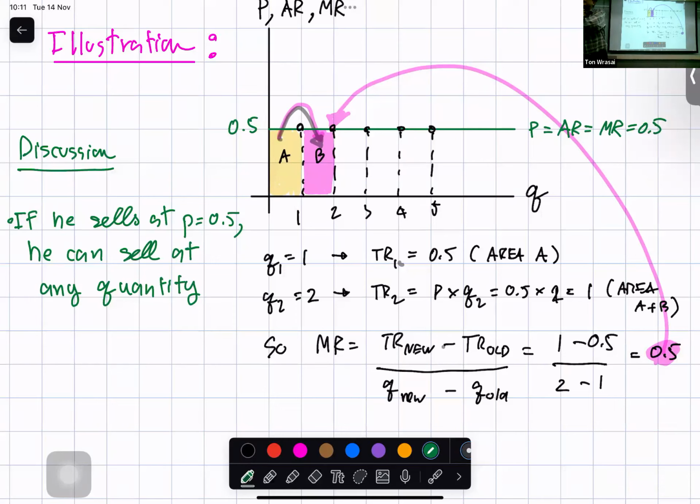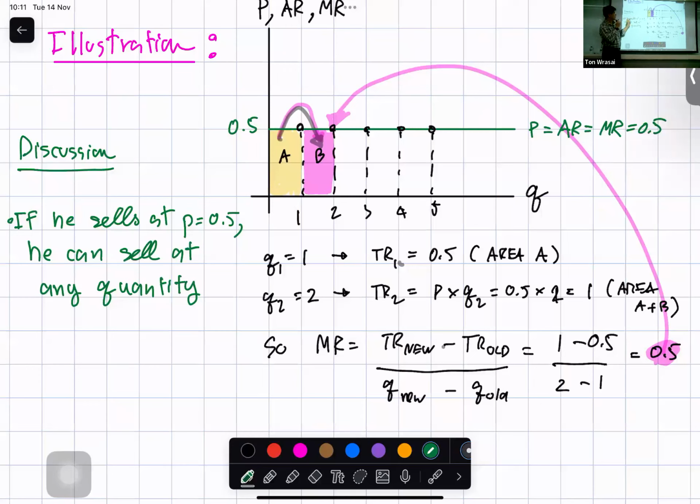Compared with the size of the market, this is like an atomic firm. The amount that the firm produces and sells is so little compared to the fraction of the market, the size of the market.